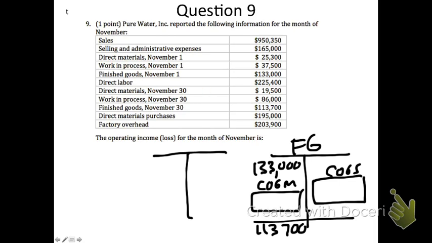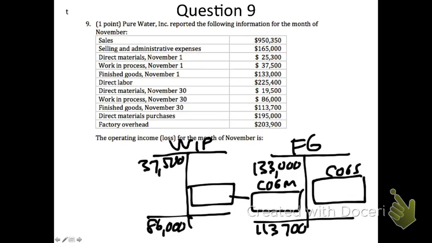And so we don't know what cost of goods manufactured is, so we look at work in process. Work in process at the beginning is 37,500. Work in process at the end is 86,000. And so if we can determine this number, we can put it into our finished goods T account.